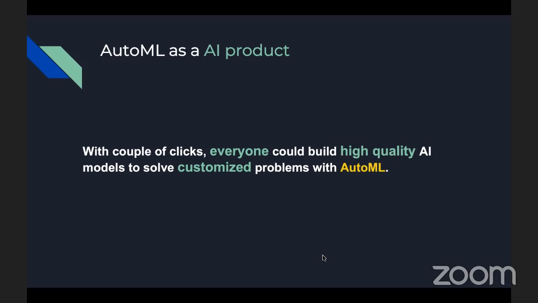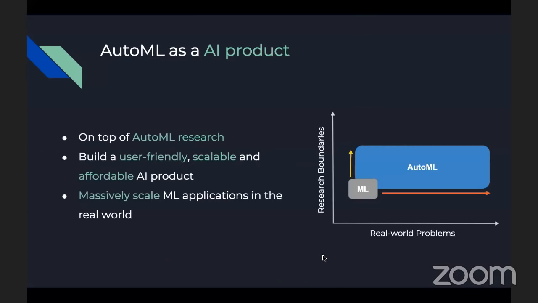Here, AutoML is more about scalability, with very good quality and very excellent scalability to extend machine learning. So our idea is we want to build on top of our existing research and build a user-friendly and scalable and affordable AI product to solve massive machine learning applications in the real world.